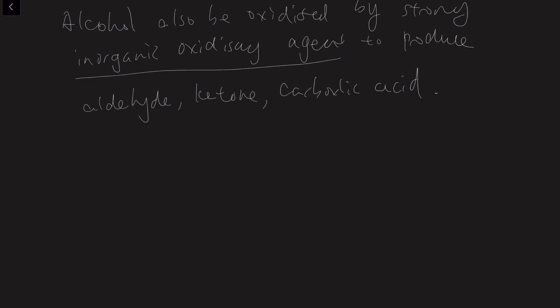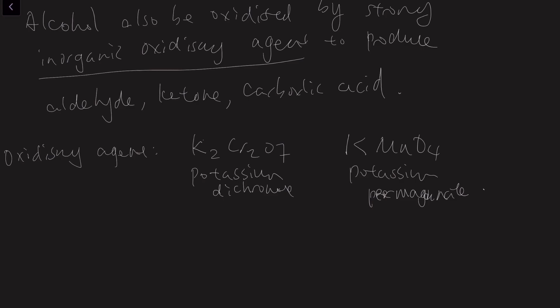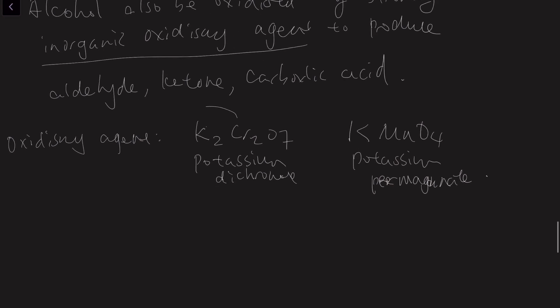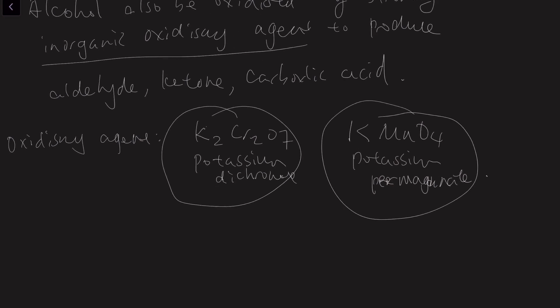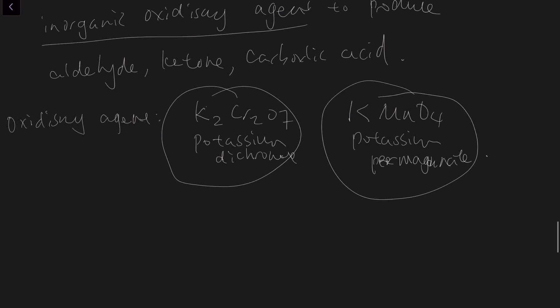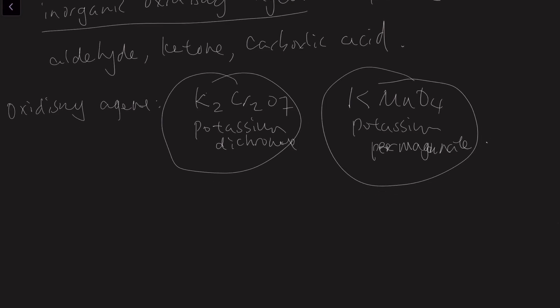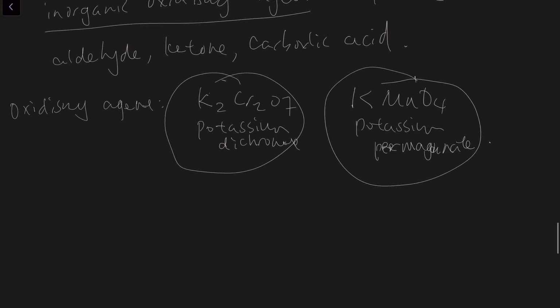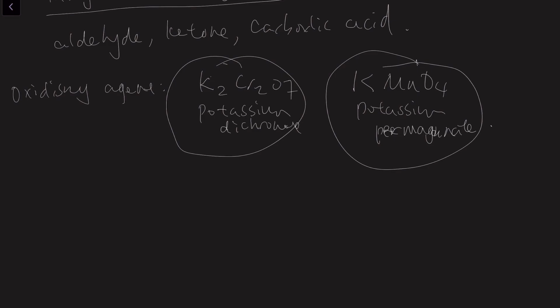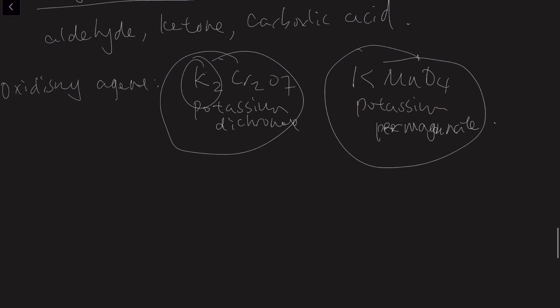So usually the oxidizing agent is potassium dichromate or potassium permanganate. You are required to know those two oxidizing agents for the exam, so I suggest you memorize them. And the potassium ion is the spectator ion.